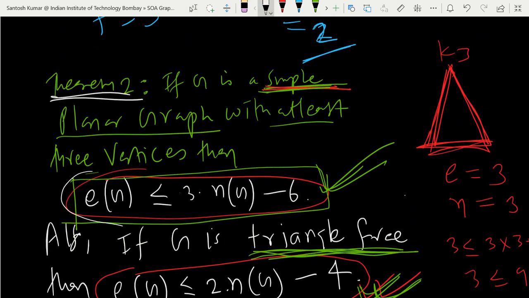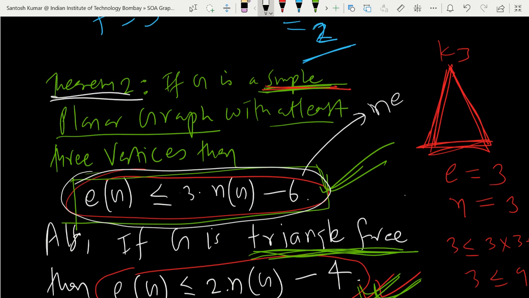But if this does not hold, then it will not be a simple planar graph. So this is called a necessary condition, not sufficient.